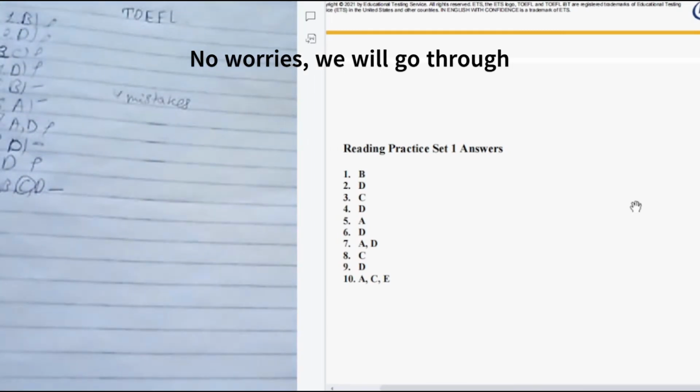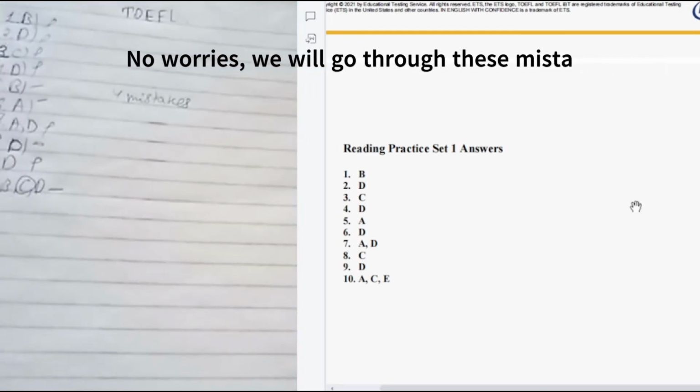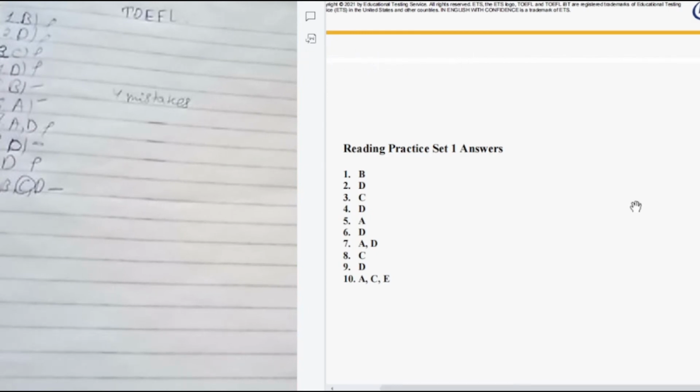But no matter that we have four mistakes. Maybe you can laugh at me because I'm a student preparing for the TOEFL exam as self-study. You can say that maybe you must learn yourself, then you can teach us.